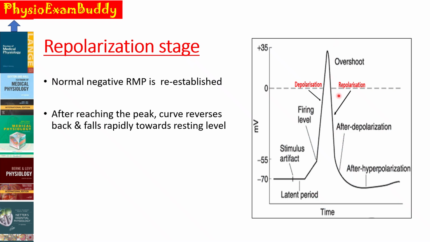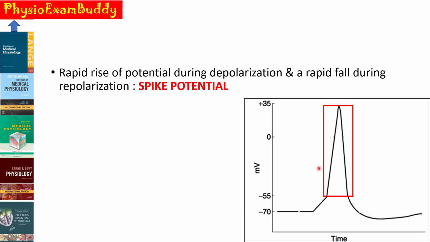And after reaching the peak, you can see here that the curve reverses back and falls rapidly towards the resting level, which is minus 70 millivolt. And this rapid rise of potential after the firing level during the depolarization, together with the rapid fall during the repolarization, this phase is known as a spike potential.